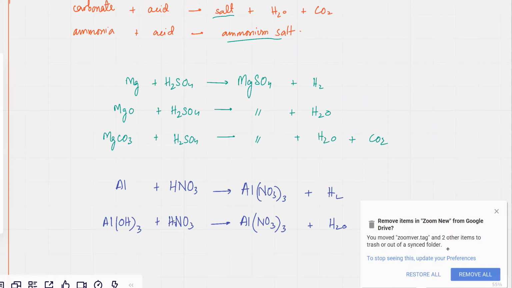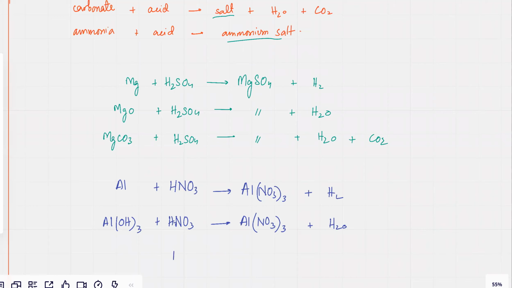And you can have nitric acid with a carbonate, and that would produce the same salt plus a water molecule, plus a carbon dioxide molecule that would also be produced.